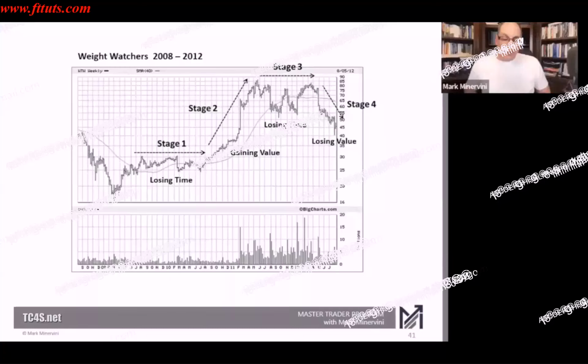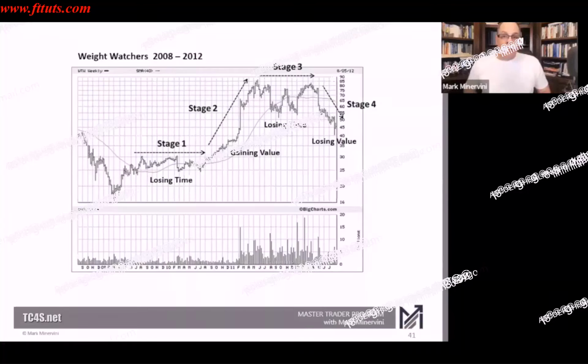Yes, absolutely. And we go back to where I talked about putting the probabilities in your corner. 98% of every big winning stock in the last 100 years, going back to the start of the stock market, was in what I call a stage 2 uptrend, which I'm going to give you the criteria for. 98% before they made their big move.